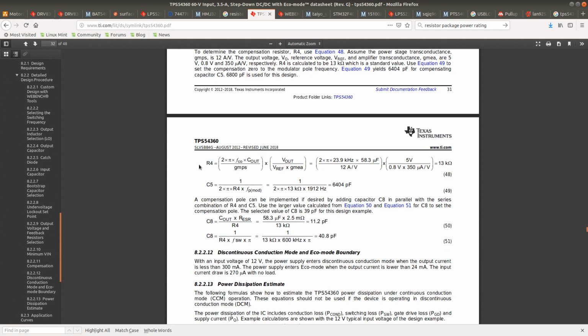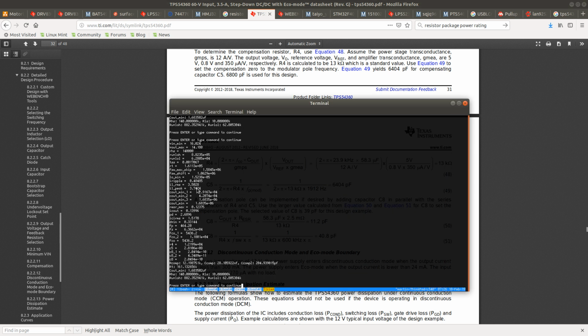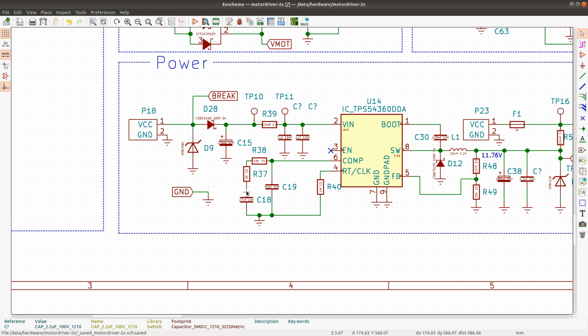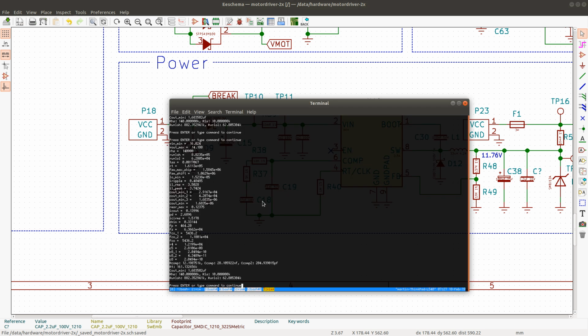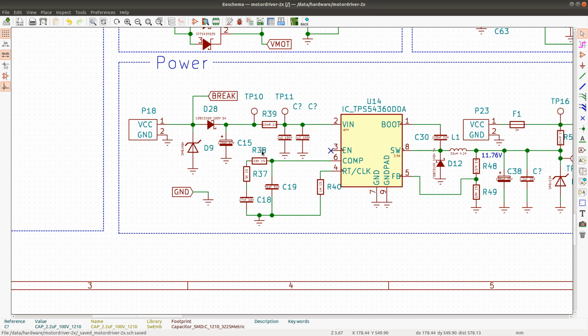And then we compute R4, which would be the resistor that is placed in series with this capacitor, in this case R37, and then we get C18. Let's see. So let's look at the printout here. We get 12K for this resistor here.